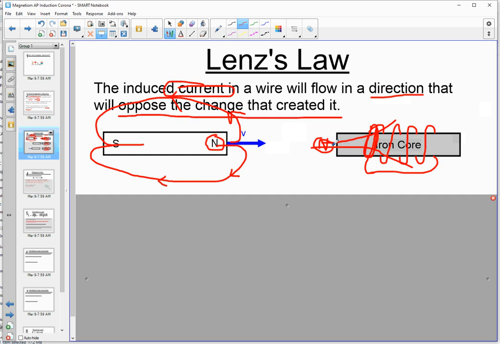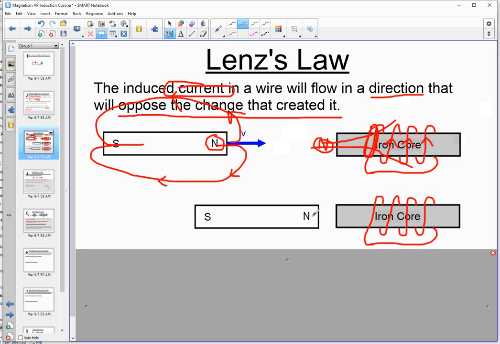So if you want your thumb to point to the left side of the iron core, you would have to wrap your fingers up and over the front of the iron core. So that would get the current to flow in the direction that I'm indicating here. I'm not going to say clockwise or counterclockwise because it depends which way you're looking at the coil from. But definitely from our view here, the current would be flowing up and over the iron core, and that would create a north pole here.